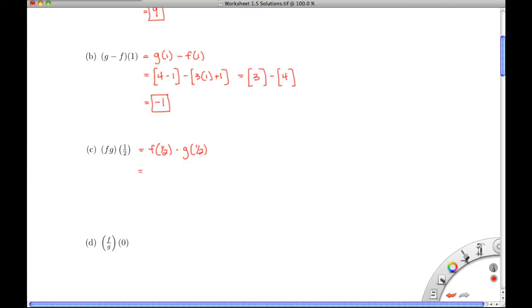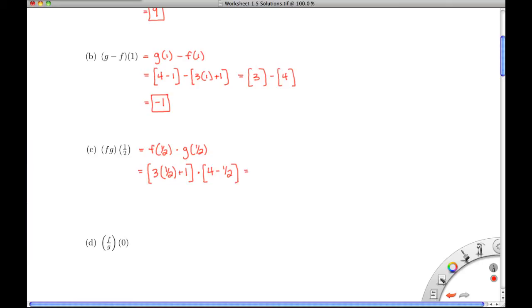We'll take f, and it's not on the screen right now, but remember that f was 3 times x. Here our input is 1/2, and then that was plus 1. And then we're going to multiply this by g evaluated at 1/2, which is going to be 4 minus our x value, which in this case is 1/2.